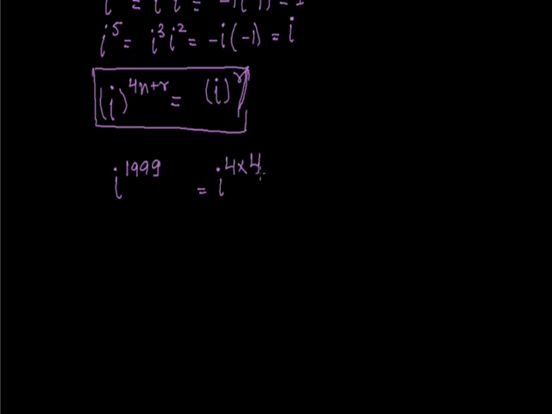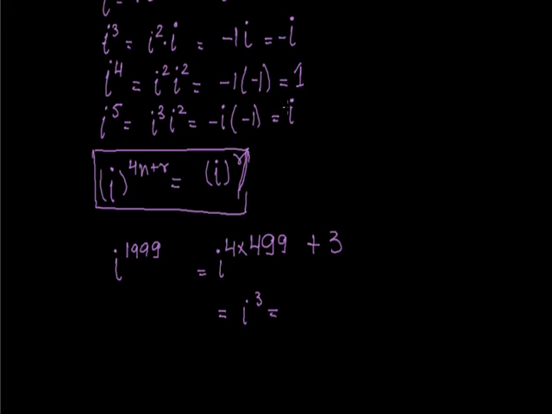When 1999 is divided by 4, we get 499 and the remainder will be only 3. So it is a multiple of 4 plus 3, which is iota power 3, and as we studied earlier, iota power 3 is equal to minus iota. So iota power 1999 is equal to minus iota.